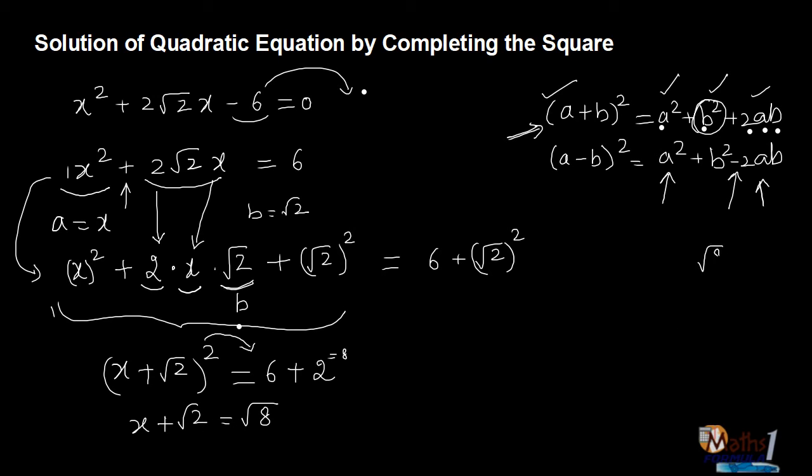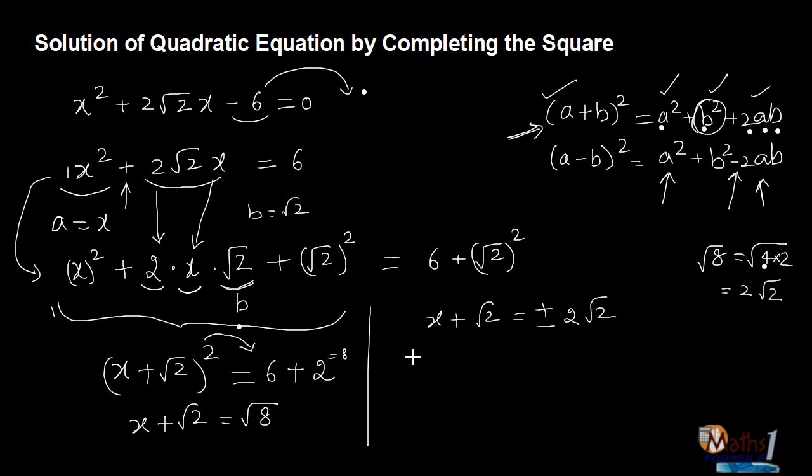Square root of 8 is square root of 4 into 2. The square root of 4 comes out as 2, so that is 2 root 2. So this can be rewritten as x plus root 2 equals, this time, plus or minus 2 root 2, because a square root can be in both signs.